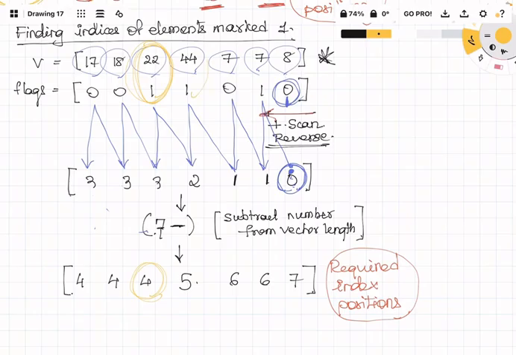For 44, we have generated index position 5. For this 7, we have generated index position 6. That means in the answer vector, 22, 44, and 7 are going to move into positions 4, 5, and 6.